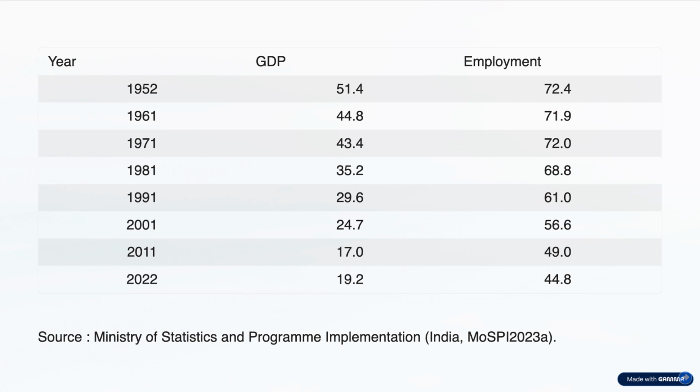Then the next is employment patterns and the rural workforce. In contrast to the modest decline in GDP share, employment in agriculture exhibits only a slow and uneven decline.